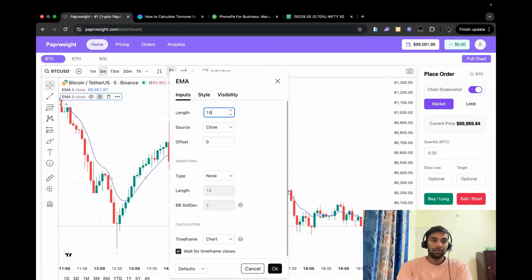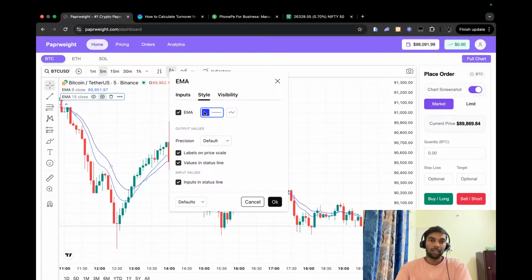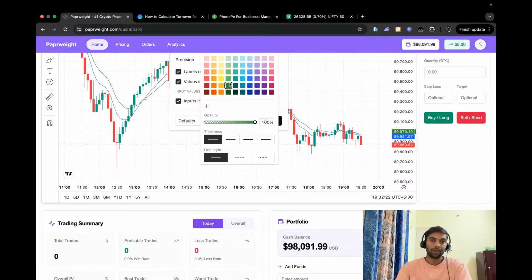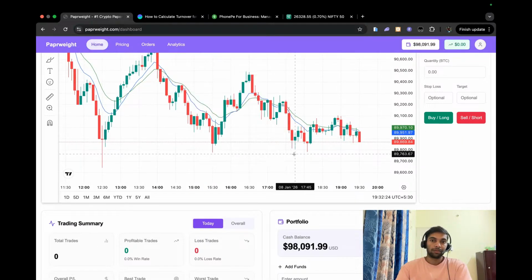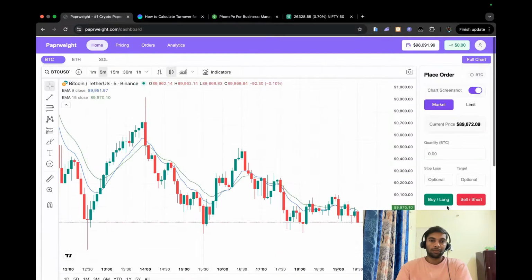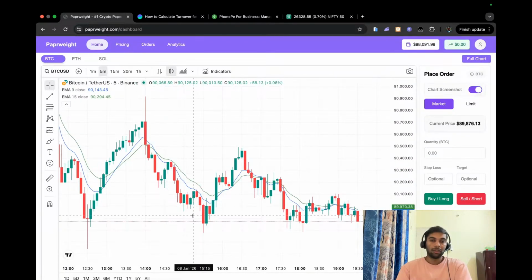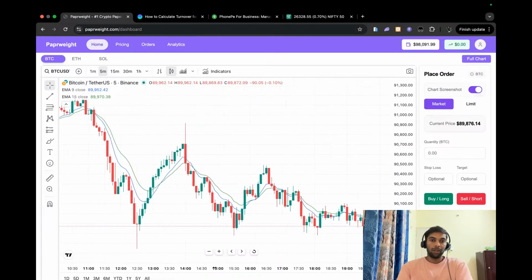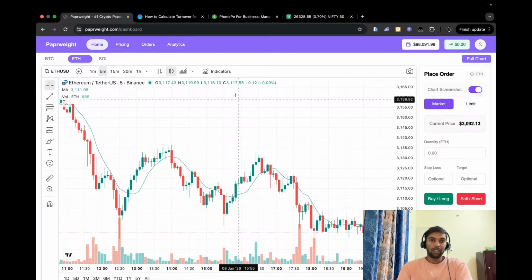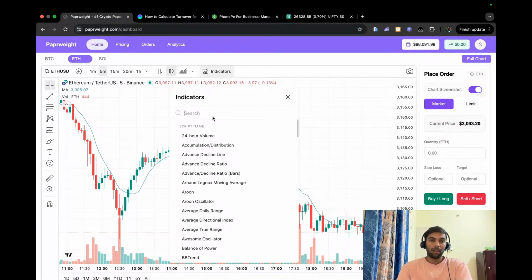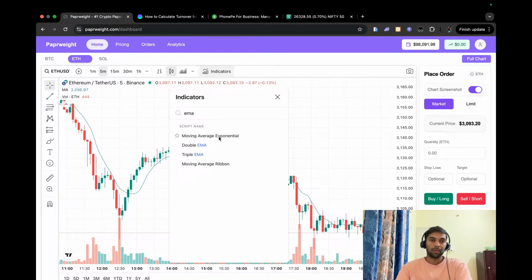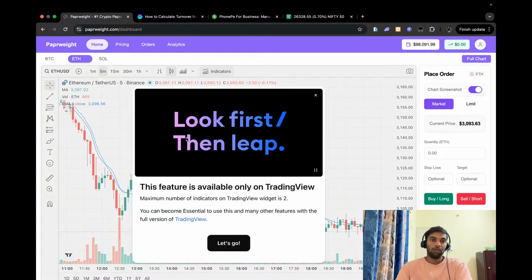This can be set to 15, and the style can be green, and that's it. In Bitcoin we have done it, and in Ethereum we can do the same thing, with the moving averages.